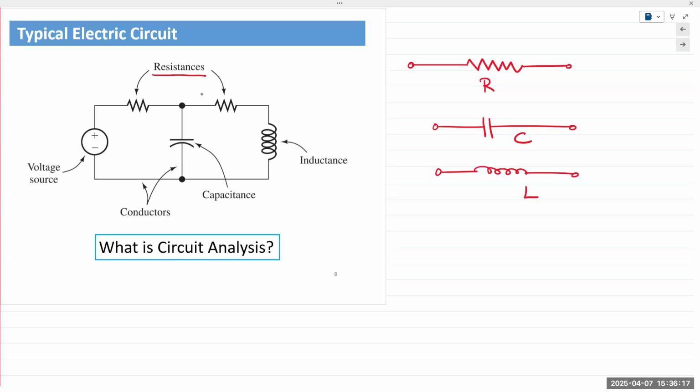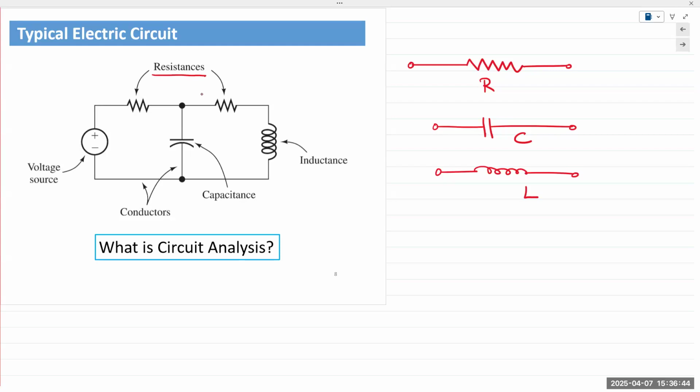All three of these are referred to as passive elements. They're passive linear elements, so the analysis that we perform is linear circuit analysis. We don't look at capacitors and inductors until we get to 211.